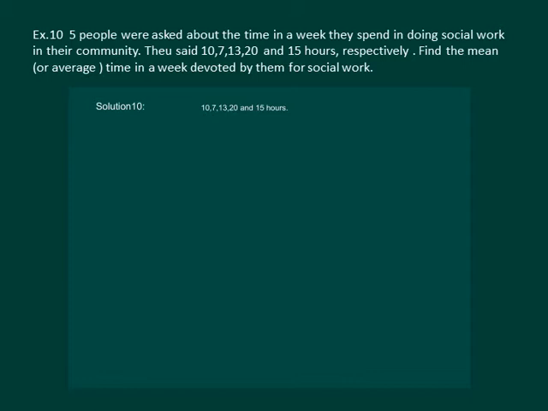But in this class, we will find the mean in a more organized manner. Let us denote ith observation by xi. That means the first observation is denoted by x1, which is 10.